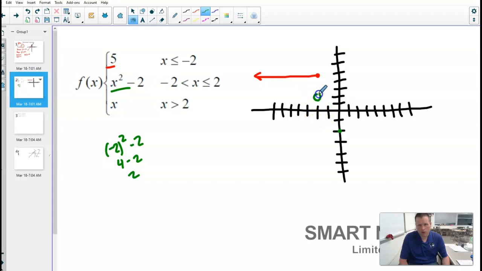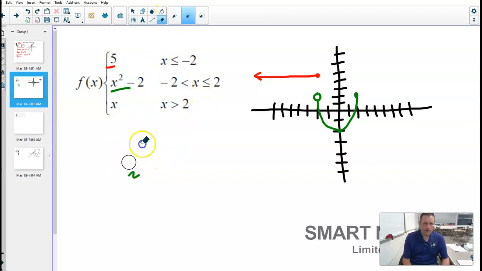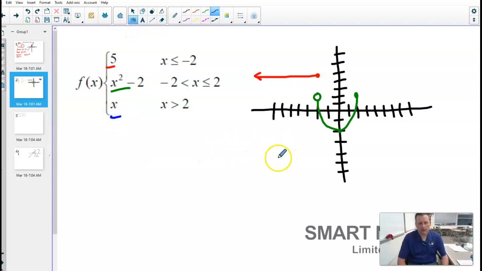And this is going to be an open circle here. So this is going to come down around, and then it's going to go up here somewhere. We're going to also plug in 2. Well, when I plug in 2, it gives me the same value. And then this one's equal to, so I'm going to go a filled in dot. So this should look like a U, but we don't keep going because it's telling us we only go from -2 to 2.